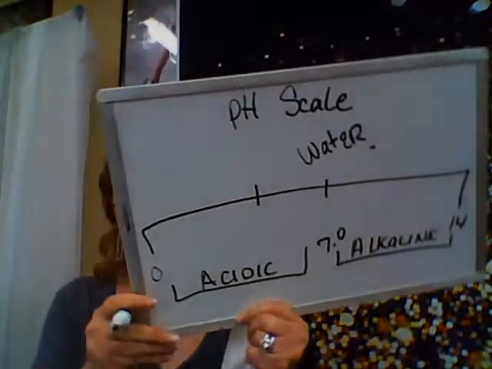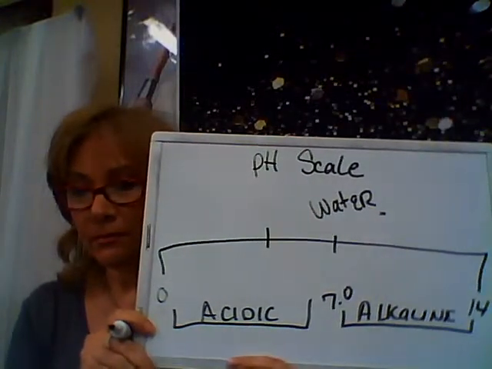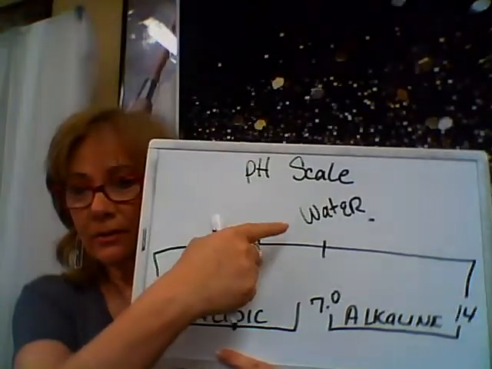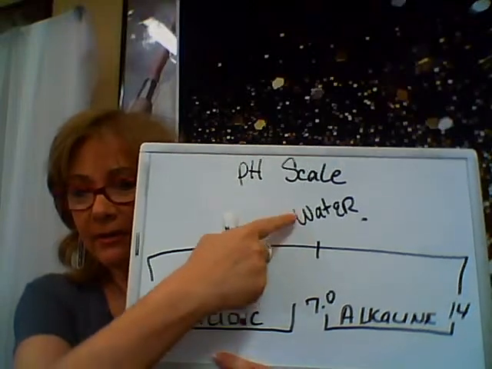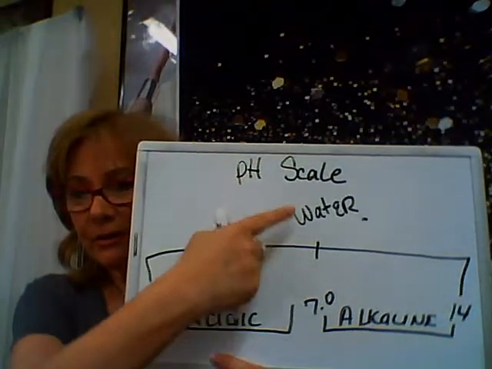Neutral. We have water. So 7.0 is water. So I added water. That's 7. That's considered neutral.